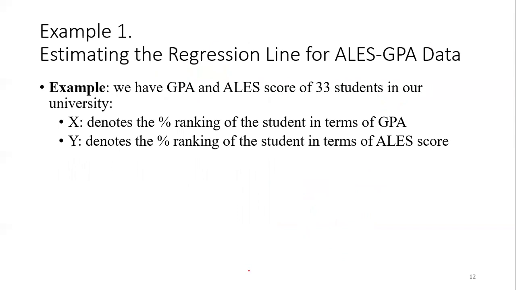Now let's make an example. Assume we have the GPA and ALES scores of 33 students in terms of percent ranking. X denotes the percent ranking of the students in terms of their GPA, and Y denotes the percent ranking of the students in terms of the ALES score.